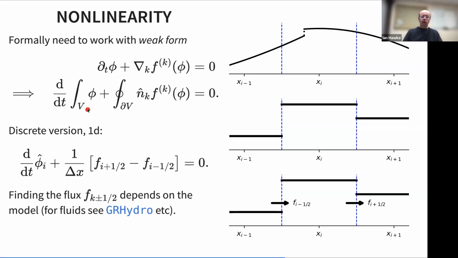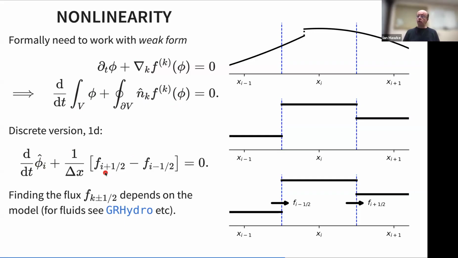So by integrating over the volume, what we do by integrating by parts is get rid of this total derivative and leave us with a surface integral of the flux, which can be implemented in the discrete form like this. So finite volume numerical methods are basically storing this integral average as this phi hat i and computing the intercell fluxes, these F_i here.